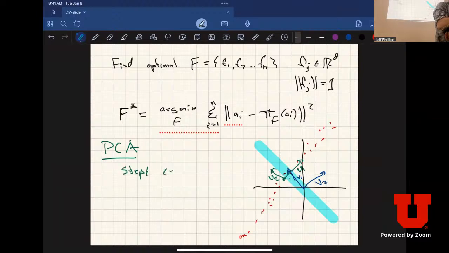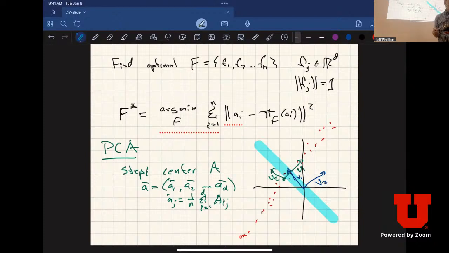Step one, I need to center A. So I want to find, we'll call this a bar, which is going to be a 1 bar, a 2 bar, up to a D bar, where a J bar equals 1 over N, sum over i equals 1 up to N of Aij. So I'm basically taking the average of the jth coordinate here.